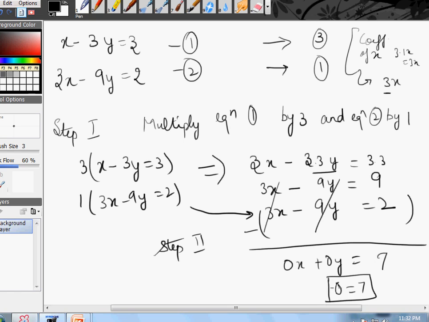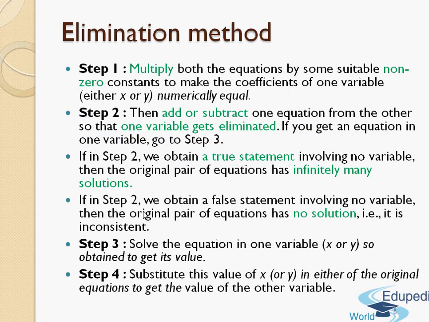Friends, 0 is never ever equal to 7. Therefore it is a false statement. Thus if in step 2 we obtain a false statement involving no variable, then the original pair of linear equations has no solution, that is, inconsistency.